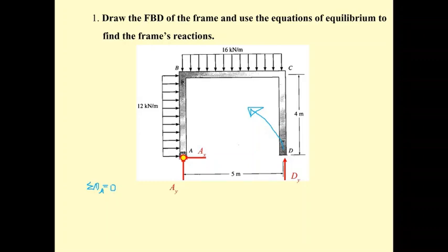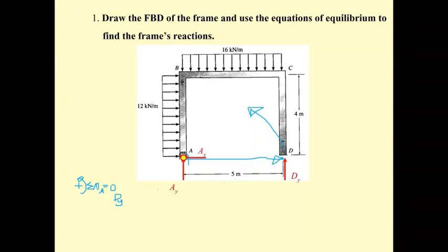Okay, and then since this rotation is for the unknown, we set the rotation like this as positive, and then our D sub y is going to be multiplied by the moment arm between D sub y and the rotation point.